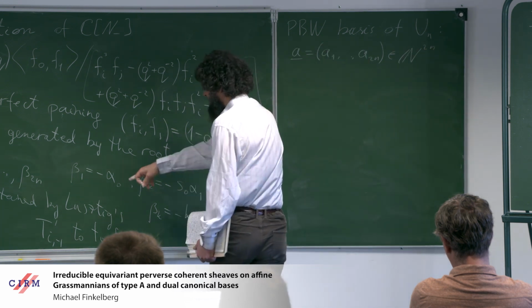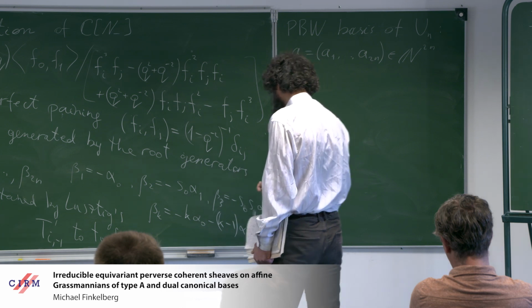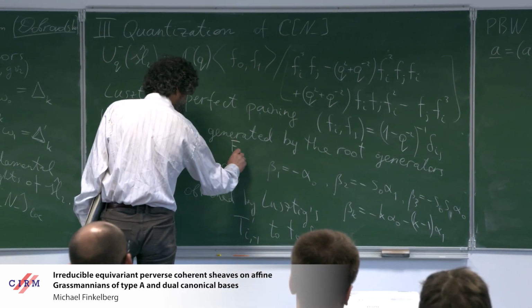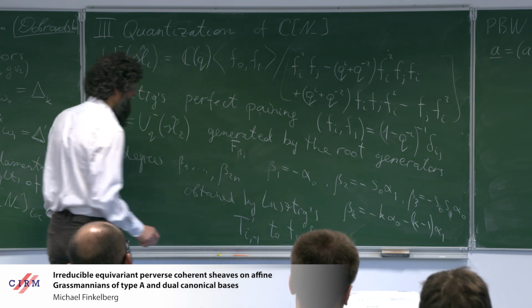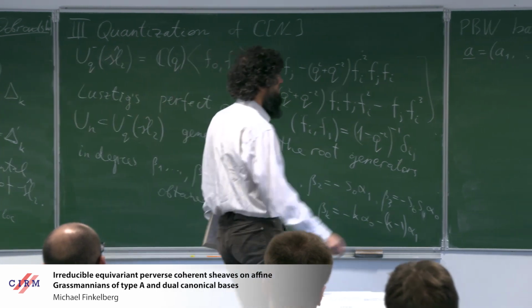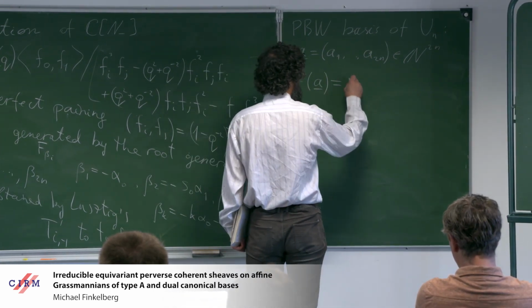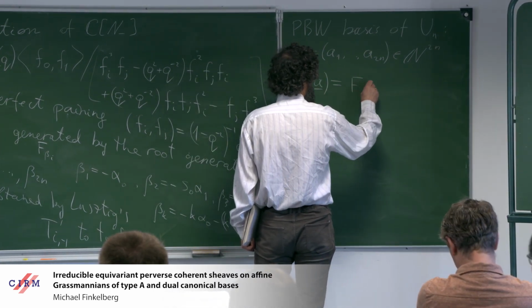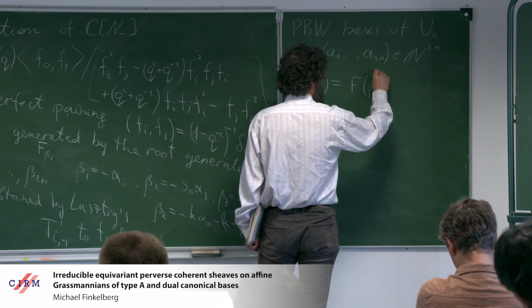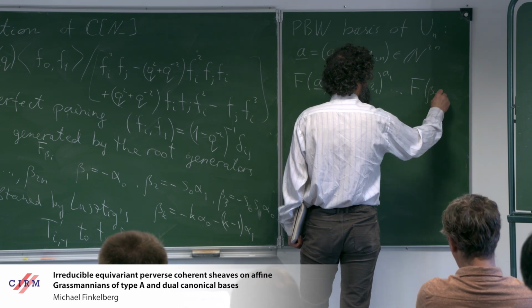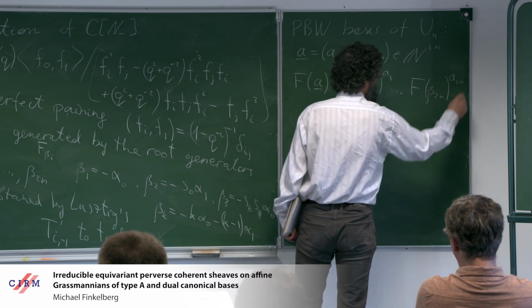I get the product of these generators. Maybe I should name them somehow. Generators F beta i, like this. F of A is just the product F of beta 1 to the power A1, and so on, beta 2n to the power A2n.